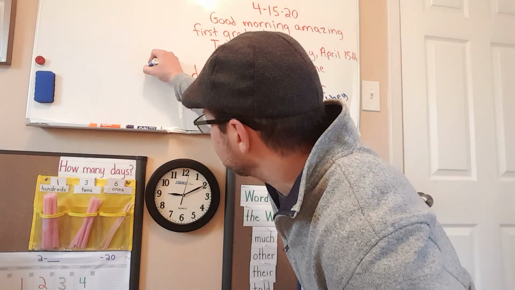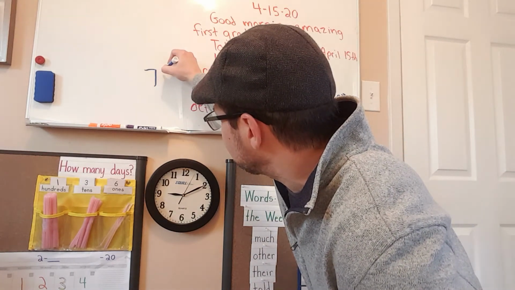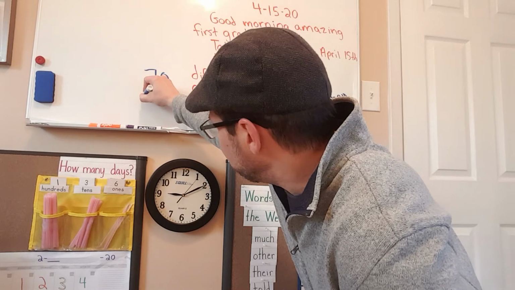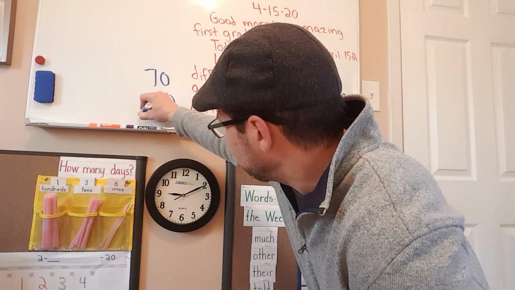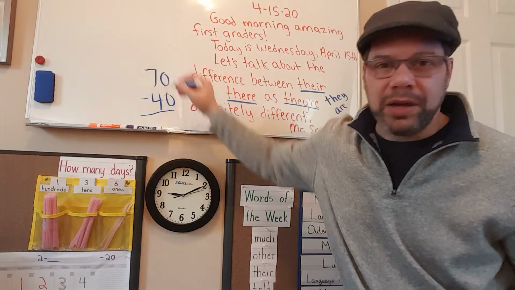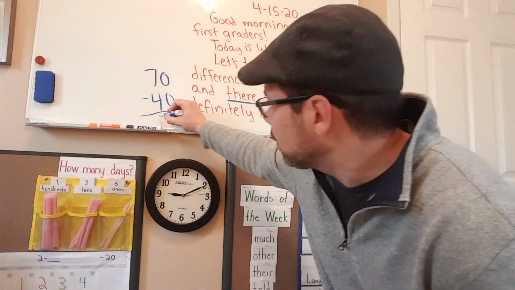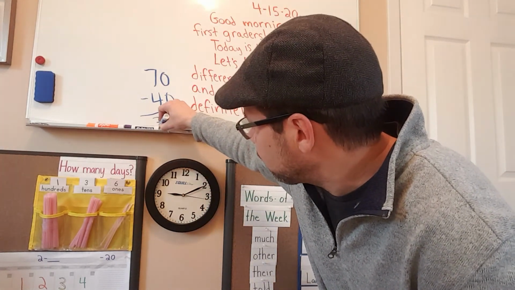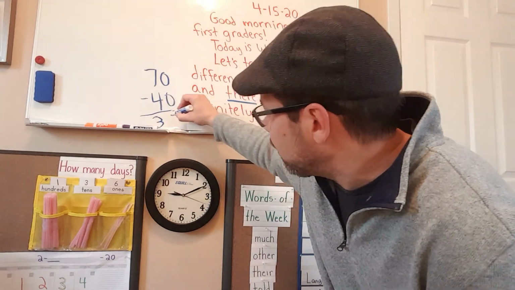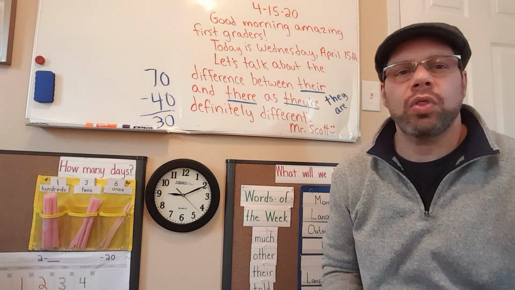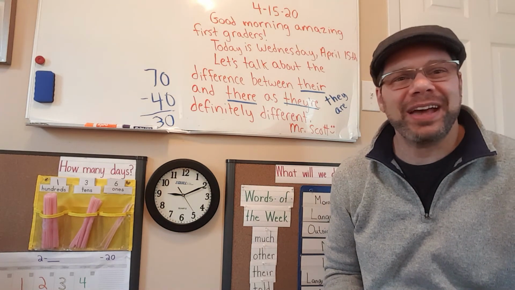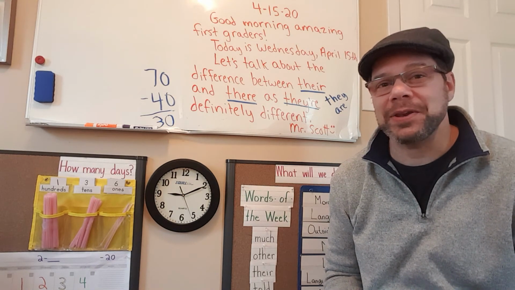So let's try it. 70 minus 40. Okay, if you know 7 minus 4 is 3, it's going to be 3 tens left. Hope you can see that. And then we're just going to make a 0 there for the ones column. So 30. All right. If anybody has any questions on those, please let me know.